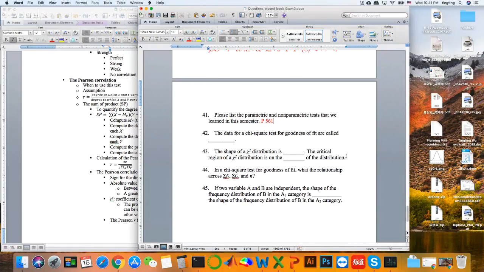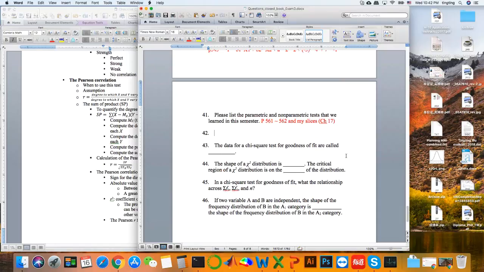For the parametric test, we have some assumptions about the distribution of the parameter of the population, and the data are usually numerical data. But for the non-parametric test, we have few or no assumptions about the distribution of the parameter, and the data are usually categorical data.